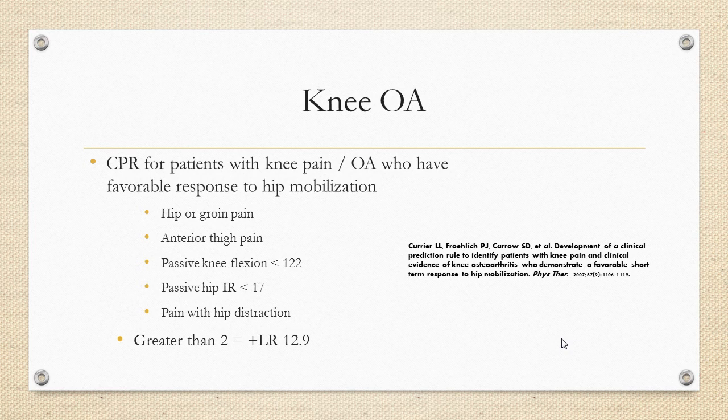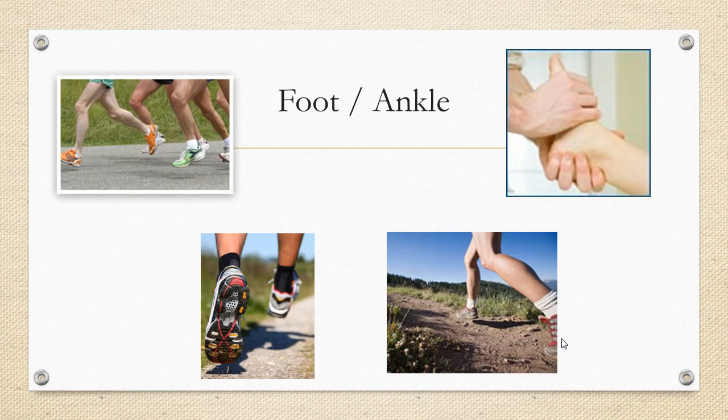So at follow-up, 41 subjects had favorable outcomes to the hip mobilization, and they found that if 2 variables were present, the likelihood ratio was 12.9, with a probability to succeed at 48 hours of 97%. So the results suggest that the CPR developed could improve the decision-making process in patients with knee osteoarthritis.